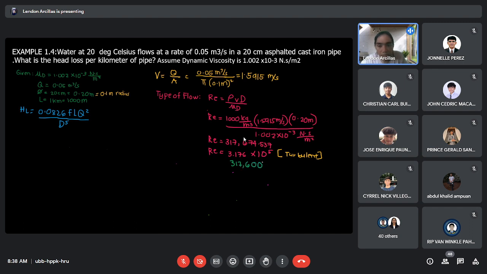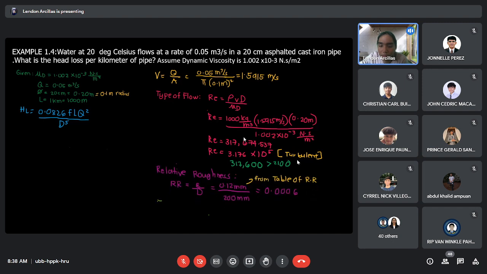Okay? So this is the value of the Reynolds number. Again, this is greater than 2,100. Of course, very obvious, so it will be turbulent. So what do we use for turbulent flow? The Moody diagram. The first thing we need is the relative roughness. How do we get epsilon, since we already have the diameter? From the given.